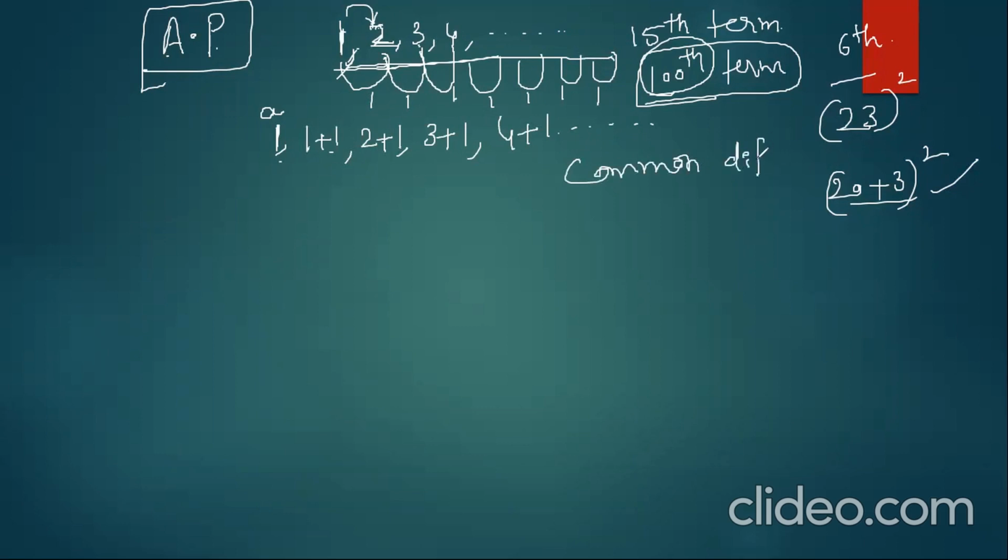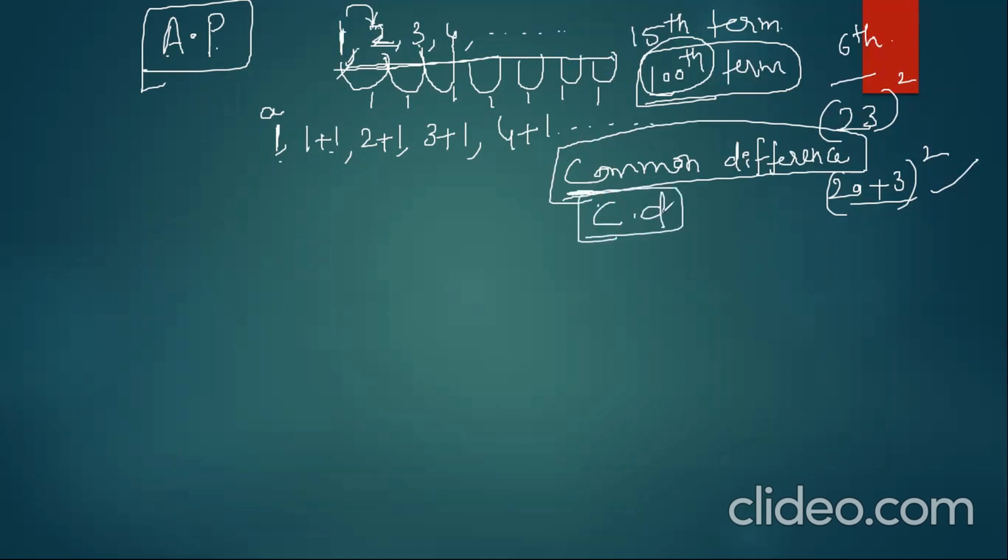This is the key word for AP. What is it? Common difference, CD. If the common difference is the same, then you can blindly say it is definitely an AP. Like that you can easily identify whether the given progression is AP, GP, HP or any other kind.